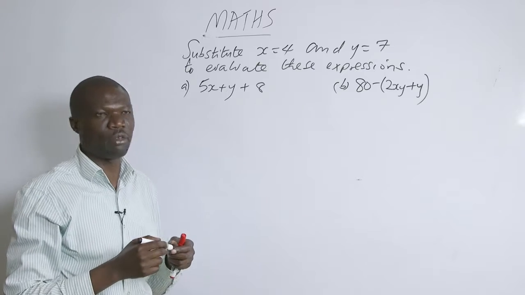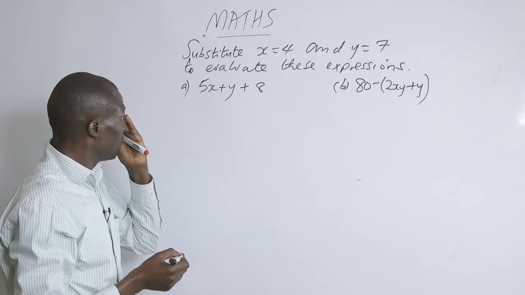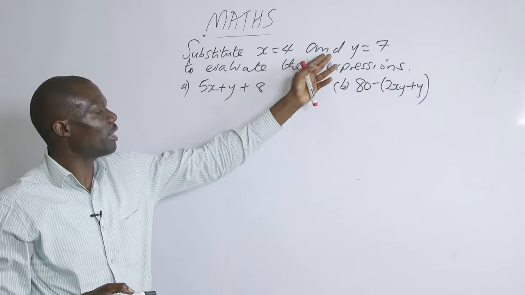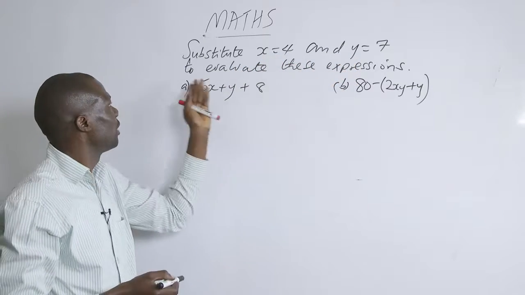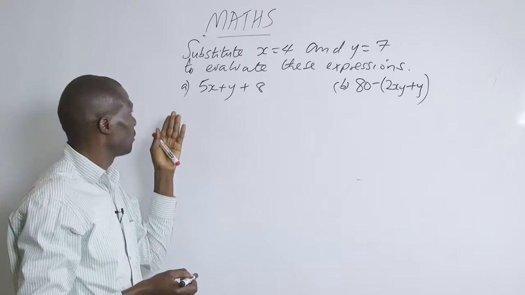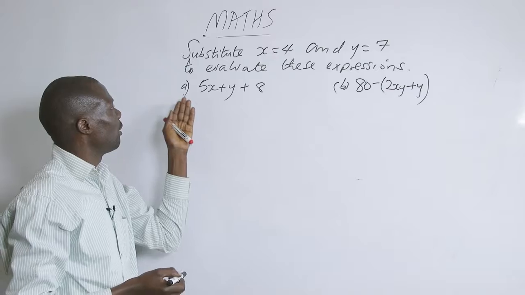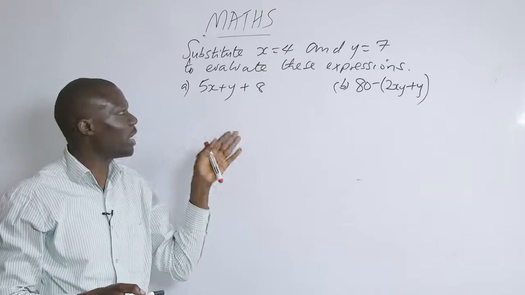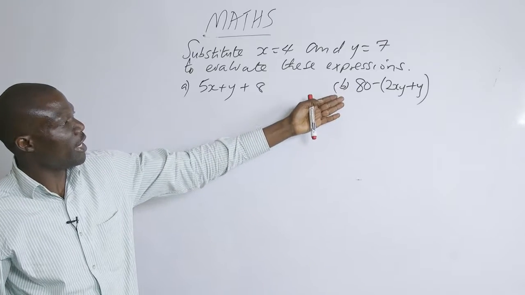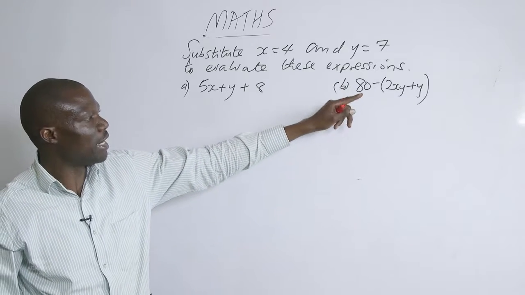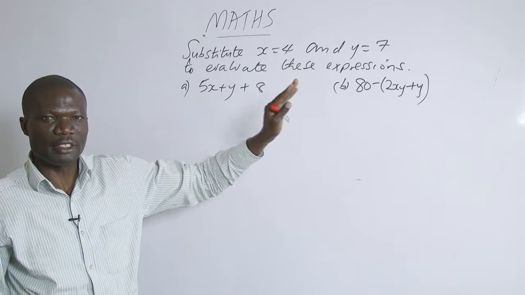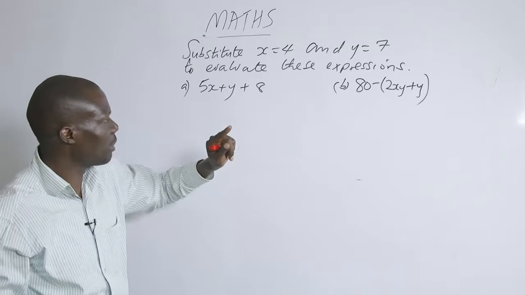The question we have here is: substitute x equals 4 and y equals 7 to evaluate these expressions. The first expression, 5x plus y plus 8. And the second one, 80 minus, in brackets, 2xy plus y.